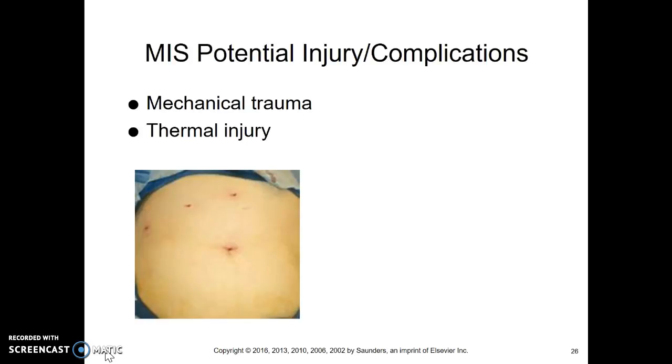Some of the complications that people can have from minimally invasive surgery are mechanical trauma, just from the instruments being inside the cavity. They may hit other tissues or damage other places versus the areas that they expect to be working with. And then sometimes there can be thermal or burn injuries from the equipment as well.